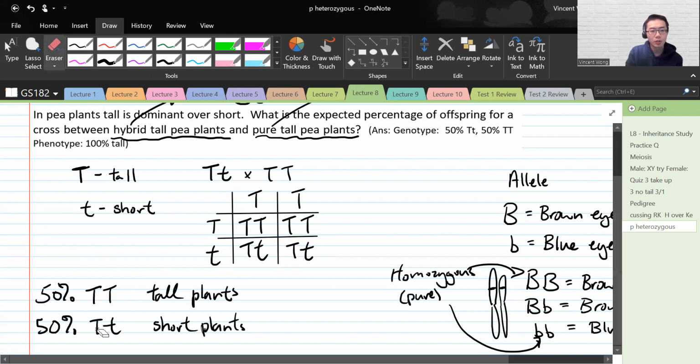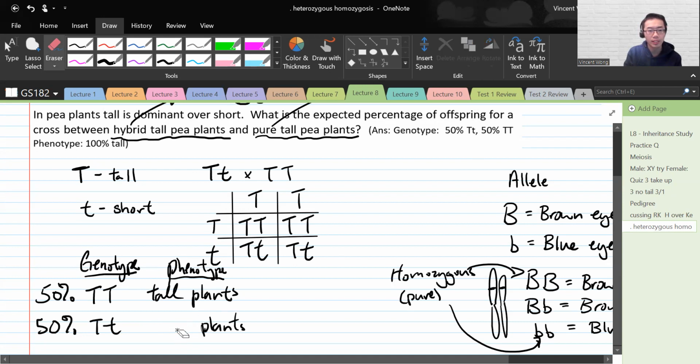Okay. So the genetic makeup is called the genotype, and then the appearance is called a phenotype. Okay. So 50% big T, small t, and then 50% big T, big T. Oh, sorry, these are also tall plants.